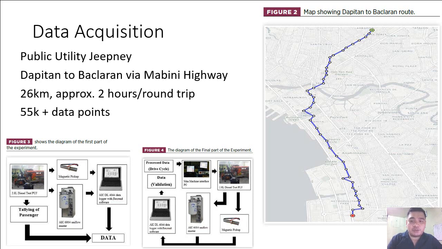The route plies through Pitan to Baclaran via Mabini Highway and vice versa, with an approximate distance of 26 kilometers, and would usually take 2 hours per round trip. The developed drive cycles shall be used in the simulation of driving in the chassis dynamometer at the Vehicle Research and Testing Laboratory to measure fuel consumption.